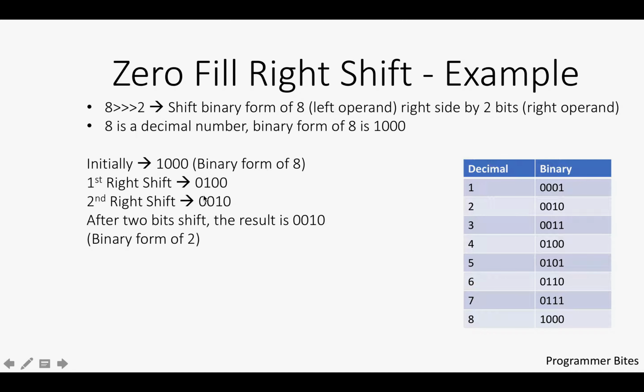So for every right shift, the rightmost digit is moved out and a 0 is appended at the left side. So after 2 bits shift, the result is 0010, which is the binary form of 2. So it shifts the binary form of 8 to the right by 2 bits and appends 0 at the left side.